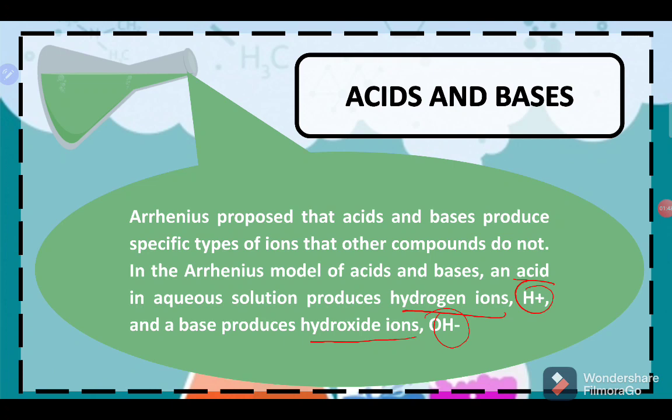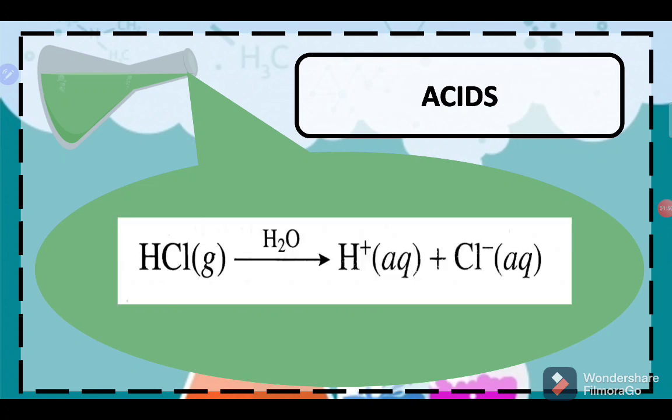So let's have this reaction. Hydrochloric acid combines with H2O to produce hydrogen ion and chloride ion. As you can see here, there is the production of hydrogen ion, meaning this is an example of an acid.